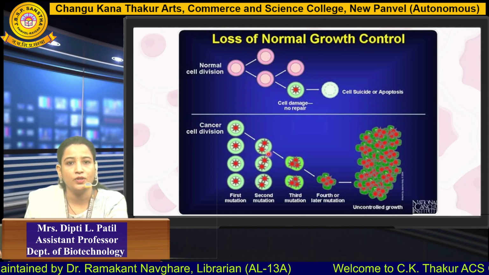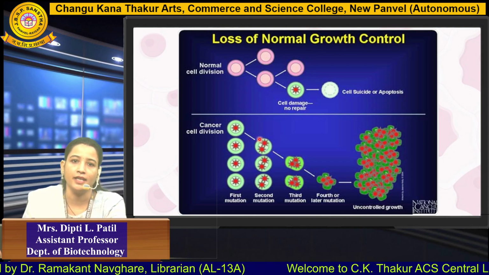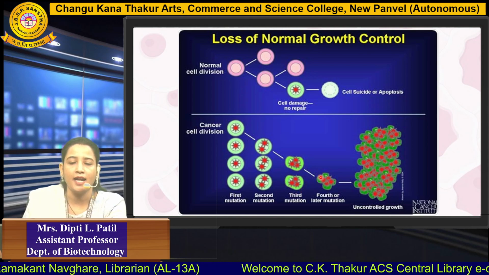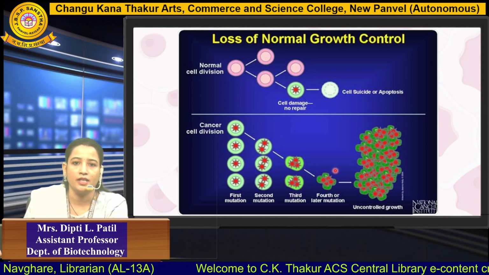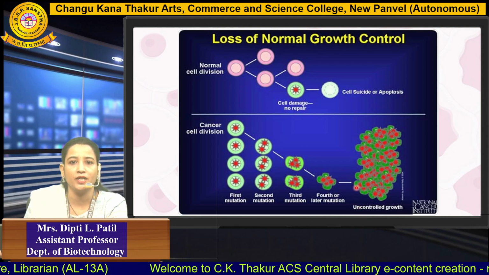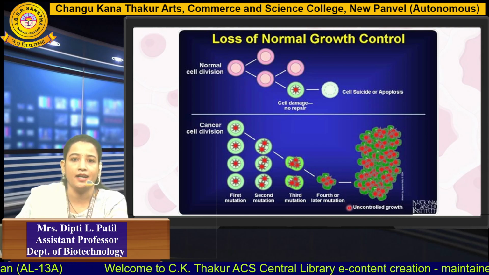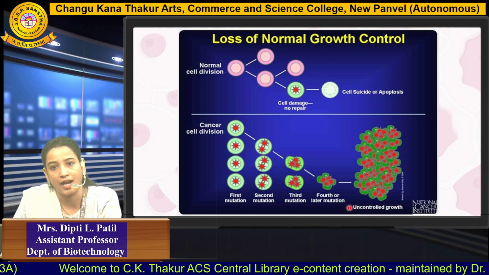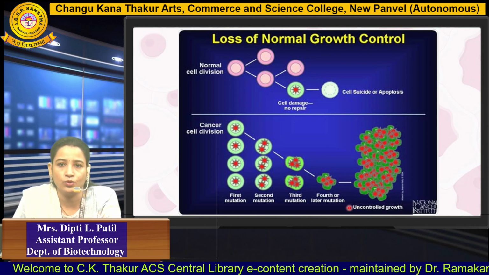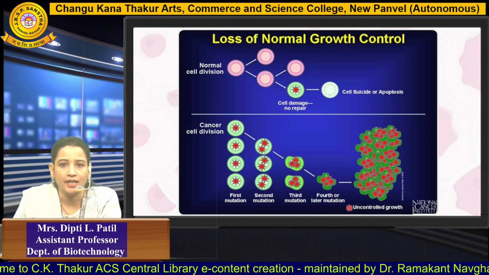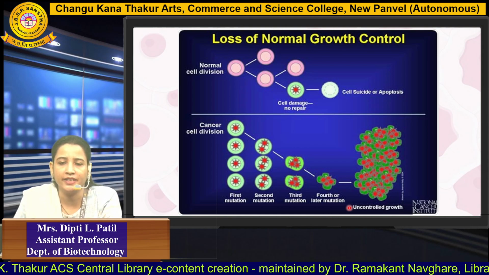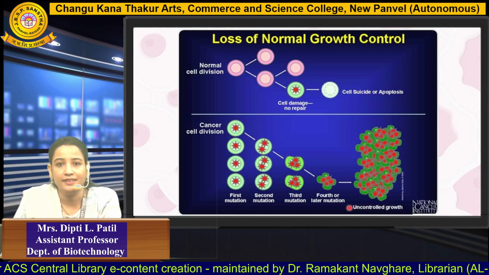This mutation is also not repaired. Again there is a third mutation, and because of these subsequent mutations, the cell gets transformed into a cancer cell, and it loses control over cell division, and it uncontrollably divides and forms the malignant tumor.